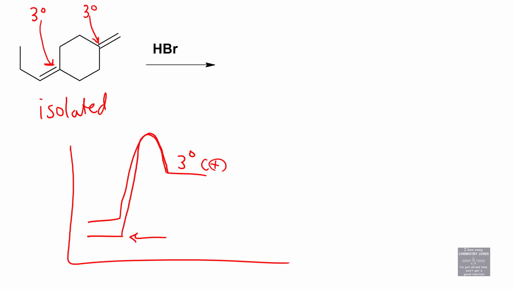The alkene that's lower energy requires more energy input in order to climb that hill and make a carbocation. The alkene that's higher energy requires less energy input in order to climb that hill and become a tertiary carbocation.